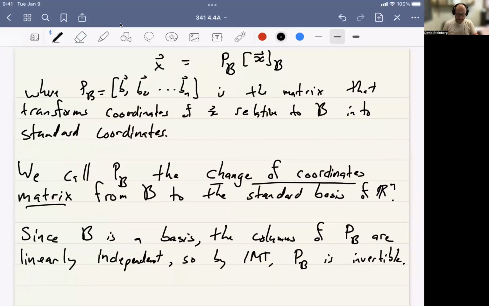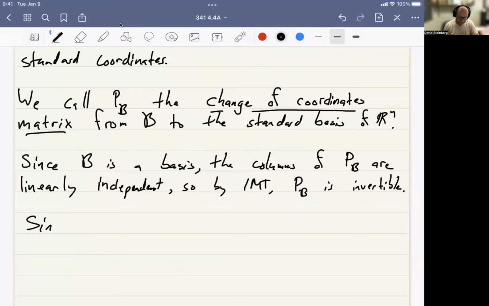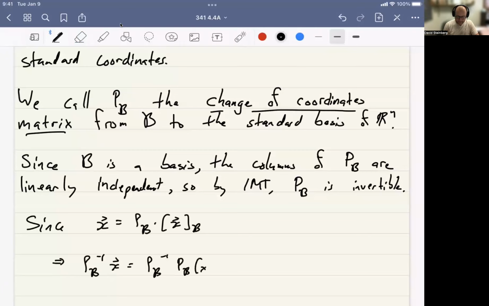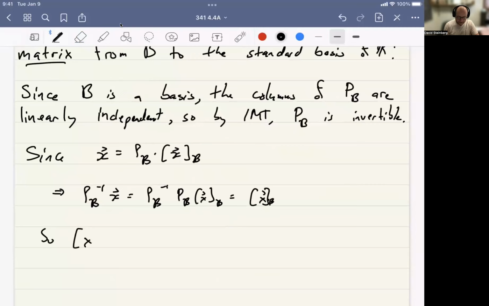So in particular, x is equal to this invertible matrix times our coordinates of x relative to B. This gives us that we can apply the inverse matrix to both sides. So P_B inverse x is now equal to P_B inverse P_B times [x] relative to B, and that's just equal to [x] relative to B. And so if you wanted to find the coordinates of x relative to B, one thing you could do was compute the inverse of the change of coordinates matrix and then hit that with the vector x.